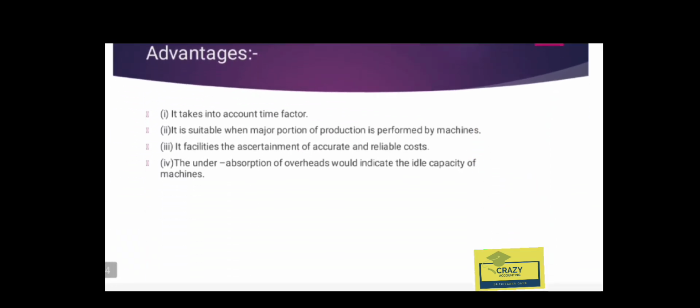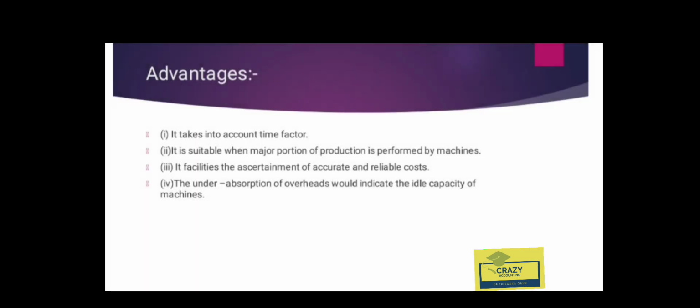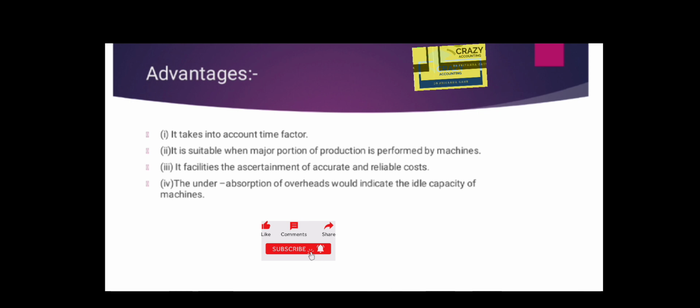Now come to the advantages. The advantages are it takes into account the time factor. With machine hour rate, we can charge almost all operating expenses on the basis of machine, right? It is suitable when a major portion of production is performed by machines.